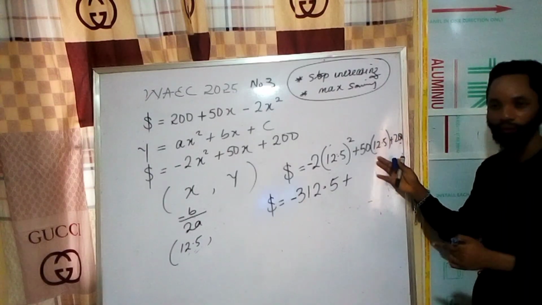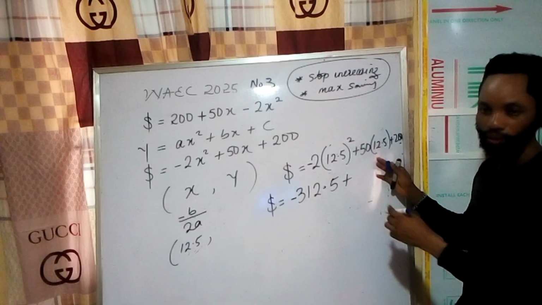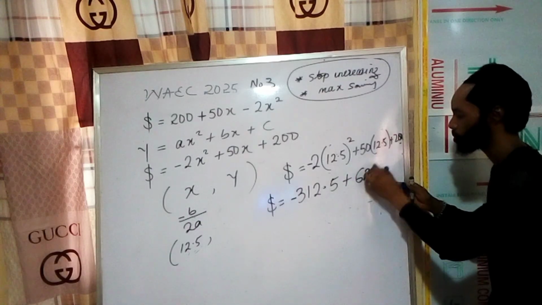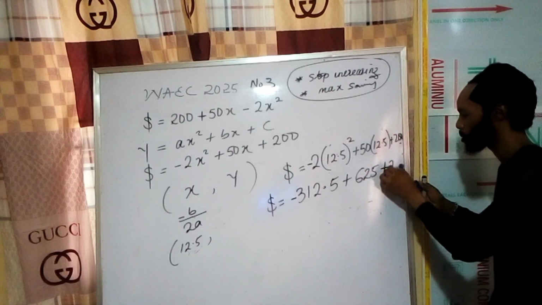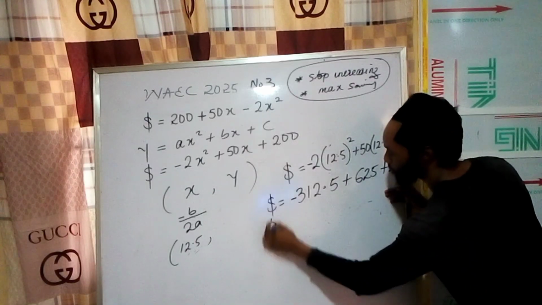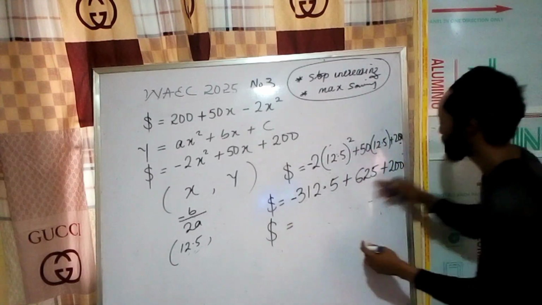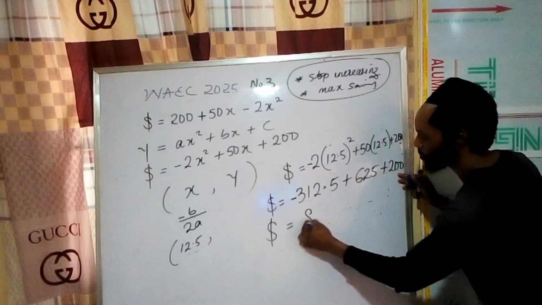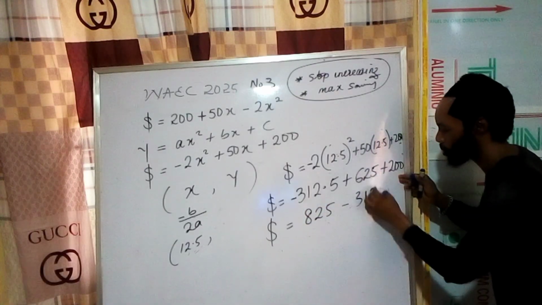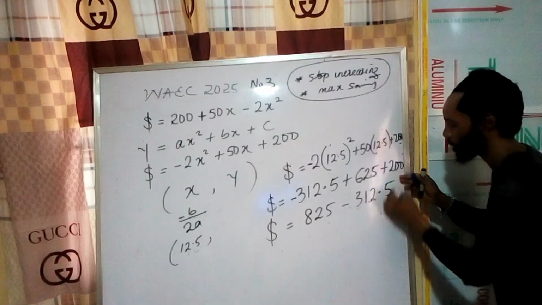What do we have? 625 plus 200. If we add this, it's going to give us 825, negative 312.5.